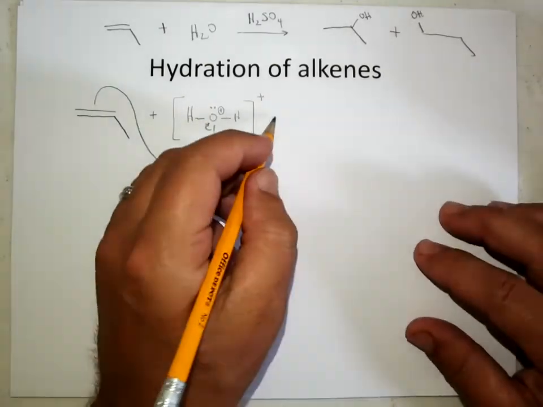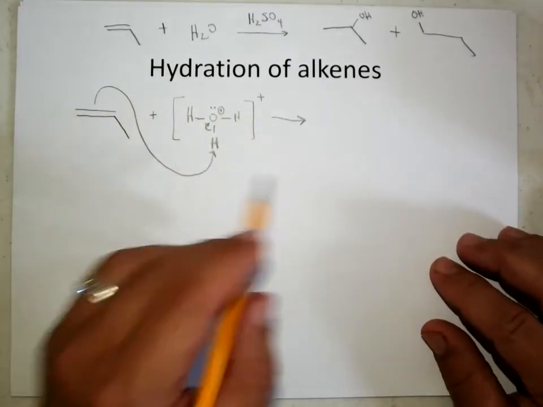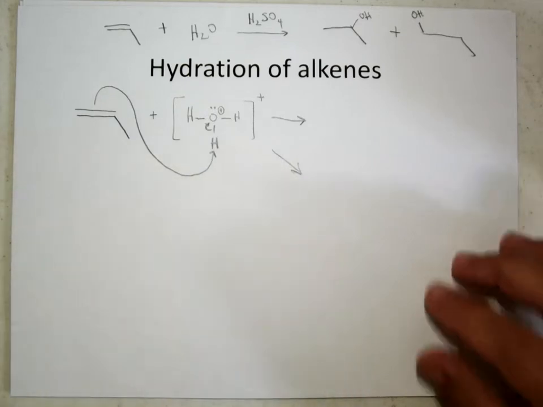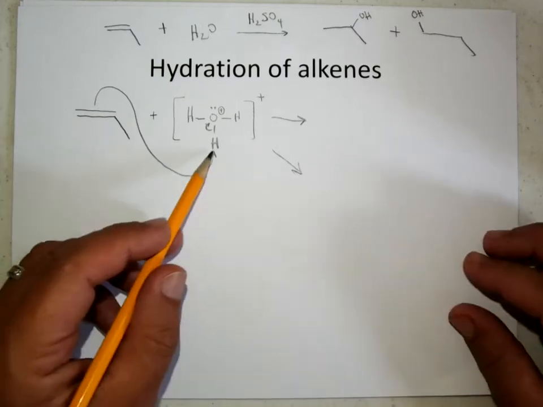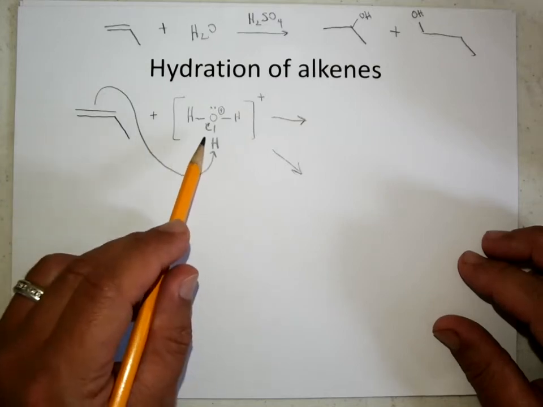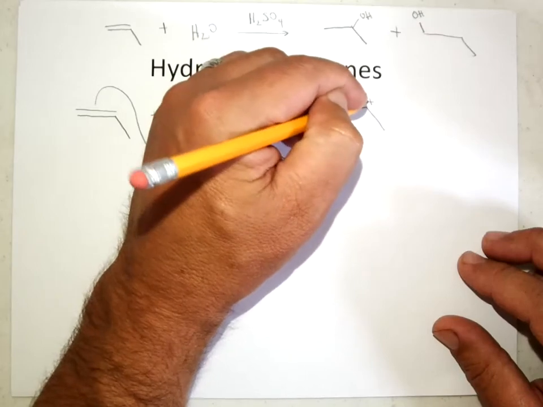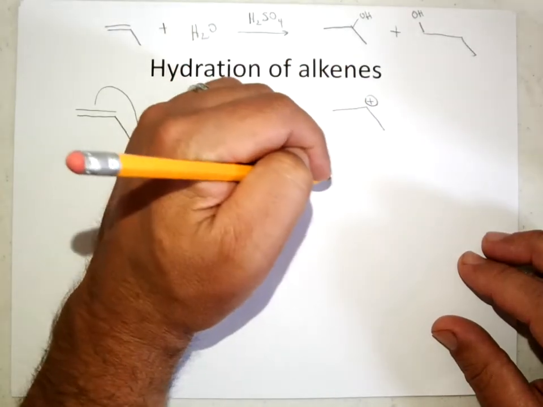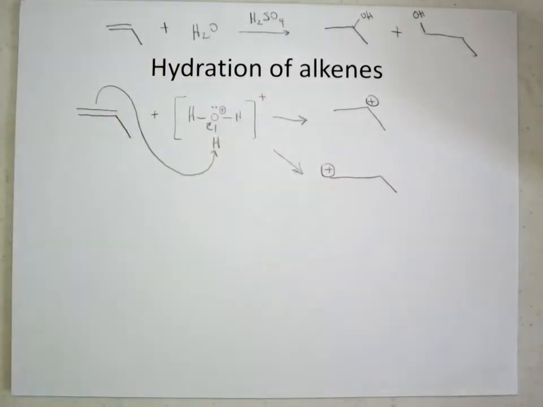And so when we have this reaction, we get the alkene, and this is exactly like the first step of the other addition reaction we did, the hydrohalogenation, except now we're using a different strong acid. So the alkene is protonated by a strong acid to give a carbocation, and depending on where the hydrogen goes, we're either going to get the primary or the secondary carbocation.